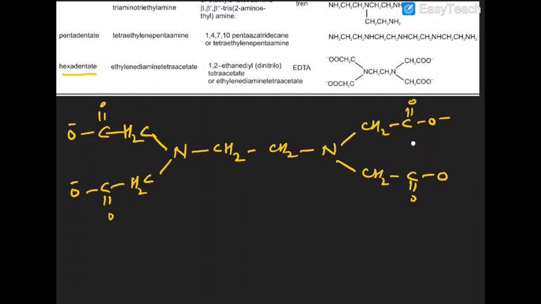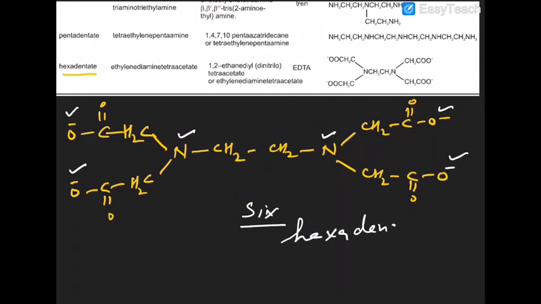What you will observe here is 1, 2, 3, 4, 5 and 6 positions of electron donation. So it is hexadentate, and it is popularly known as EDTA, ethylene diamine tetraacetate.